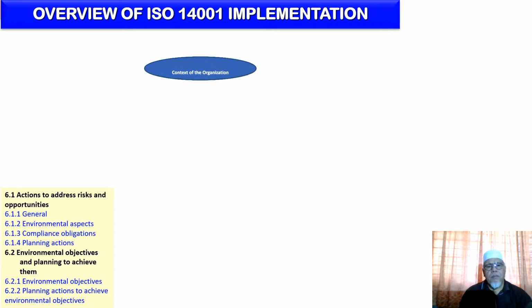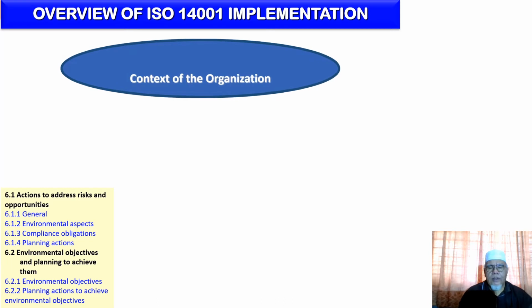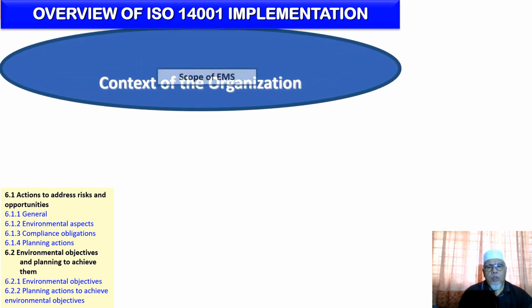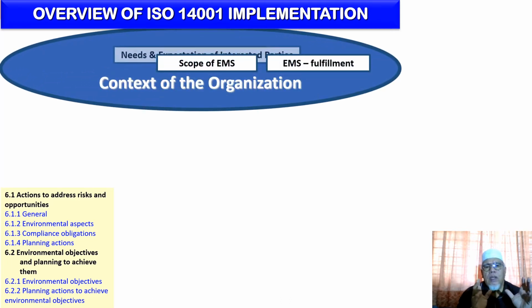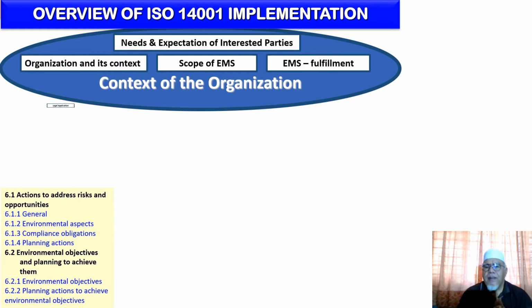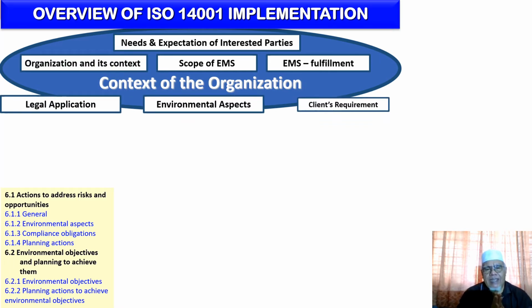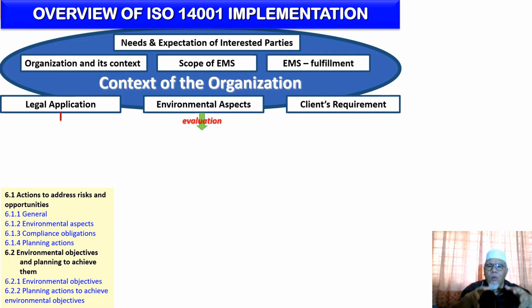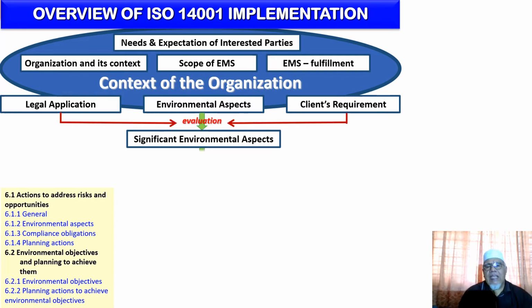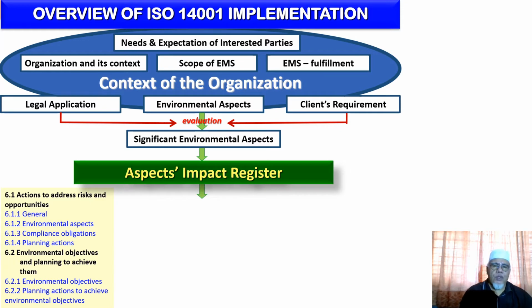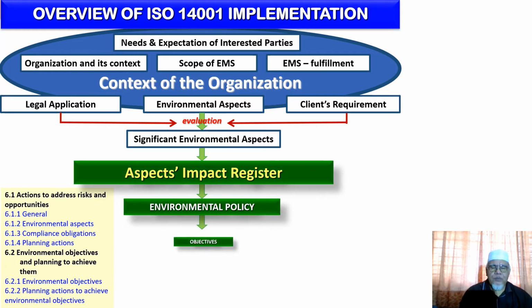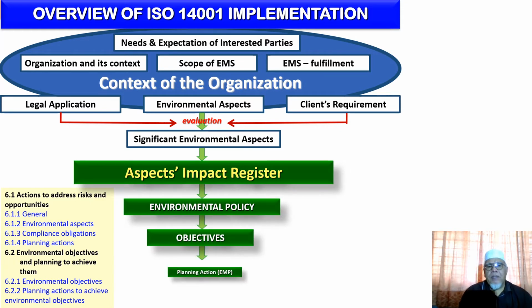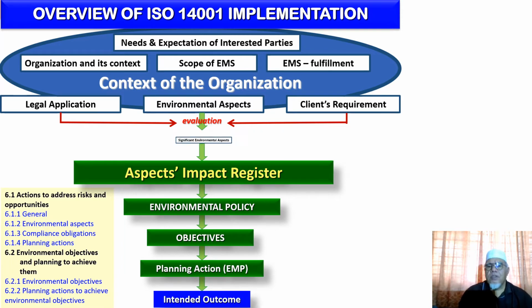What I want to share with you is literally the map. When we do environmental aspects identification, where are we in the implementation chronology of ISO 14001? Some of you may have been certified, so this is not a problem, perhaps just a revision.